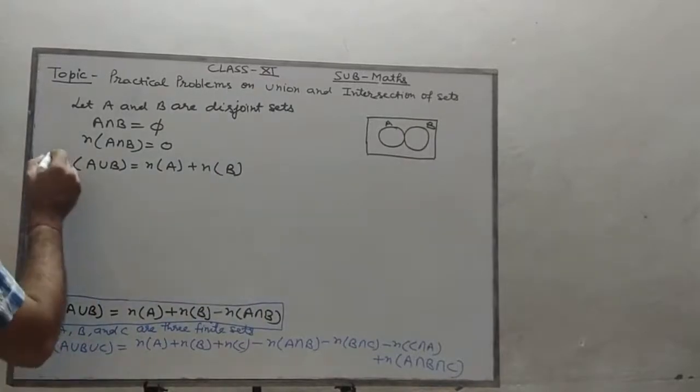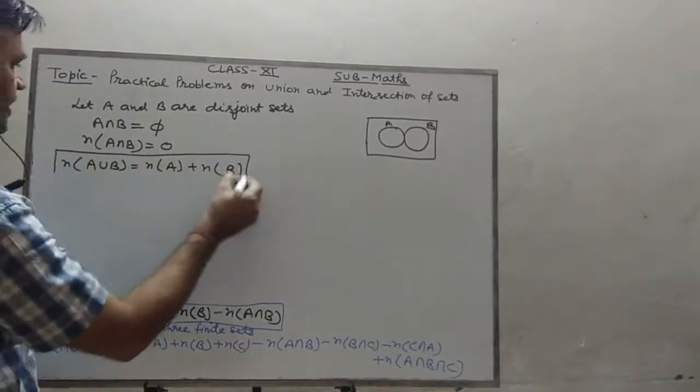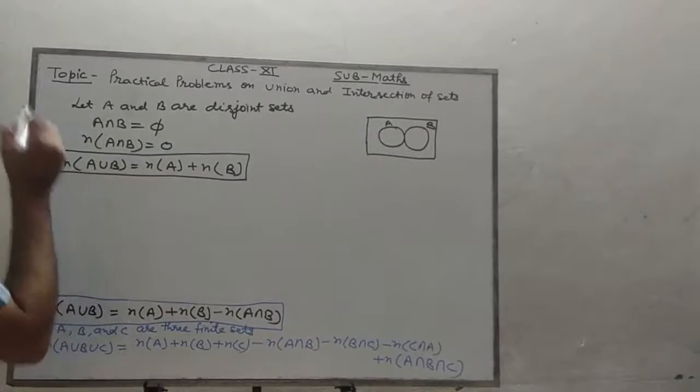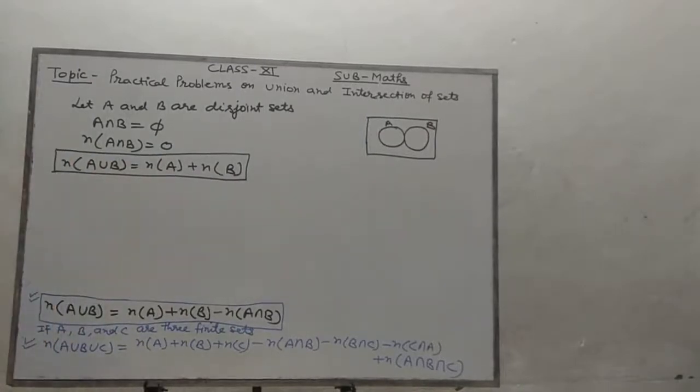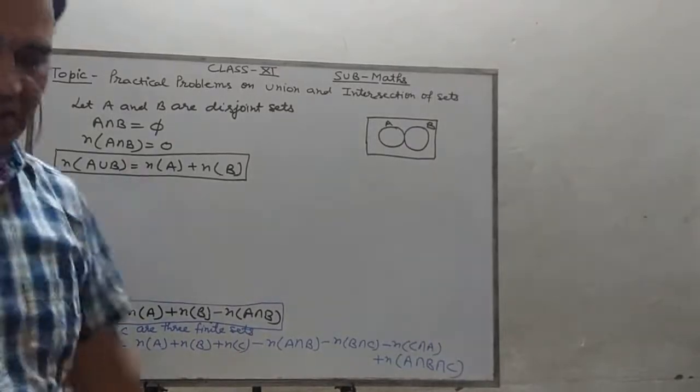So nothing. So this is the result whenever two sets are disjoint sets. Then their union may be given by number of elements in first set plus number of elements in second set. Okay. So these are the results.